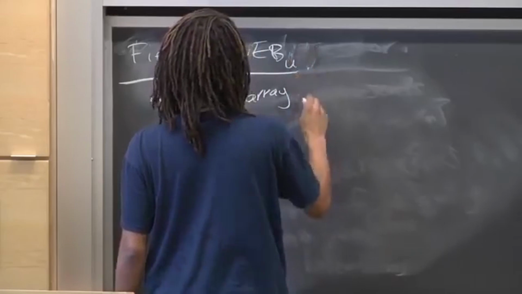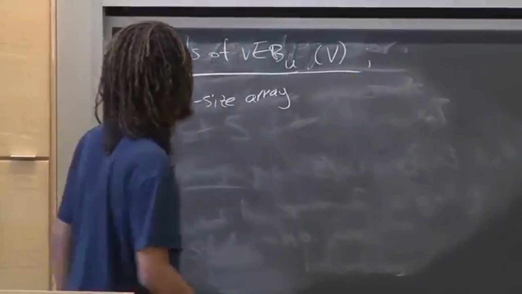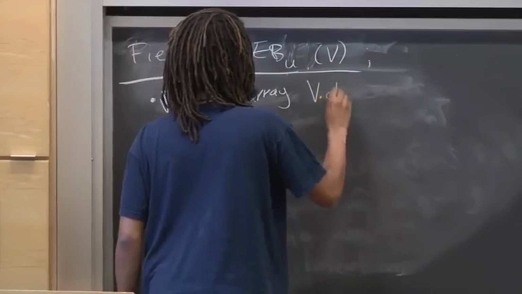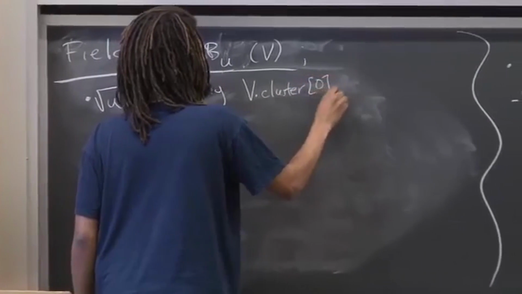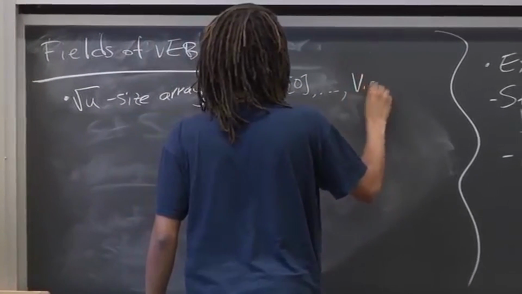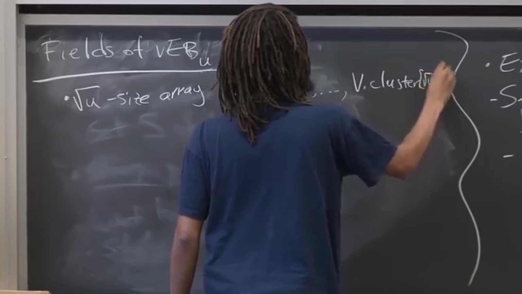Let's call this thing V. V is our VEB data structure. You'd have v.cluster[0] up until v.cluster[square root u minus 1].